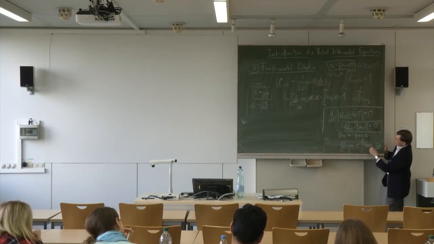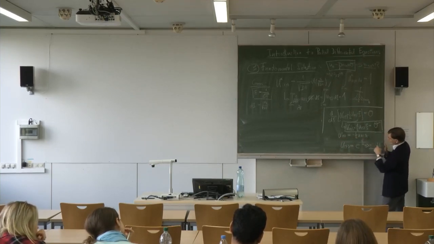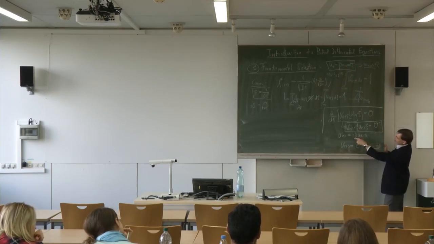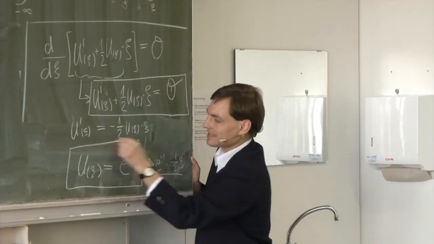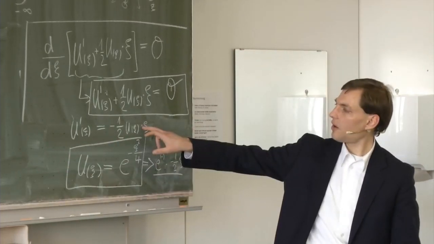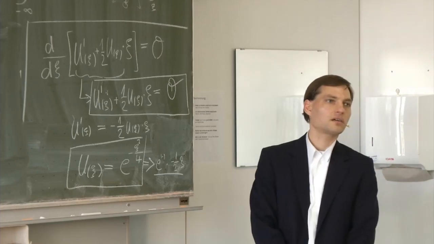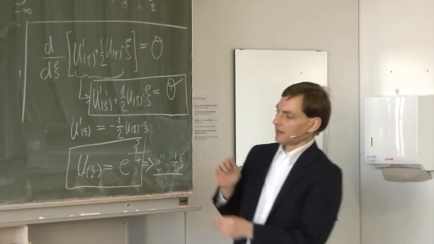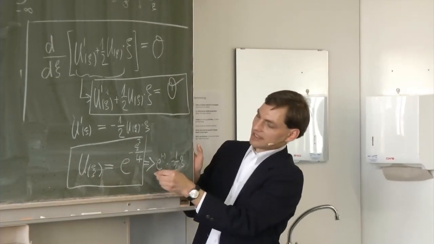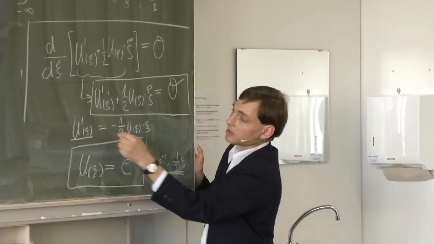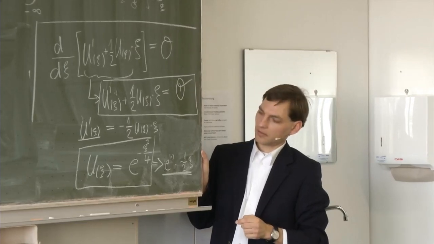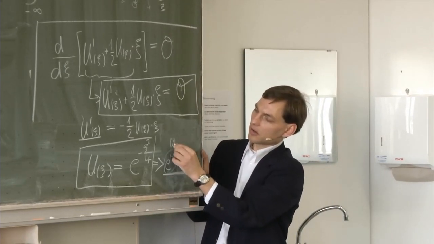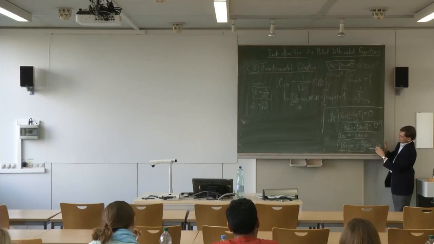If I plug in this here, function u times this, minus 1 over 2 xi. Well, that's actually what is here on the right-hand side. That means, yes, it is the solution of this differential equation. Yeah? Because the derivative of this is this. If I plug the derivative in here, you see the derivative is the same as what we have here. This is my function u of xi, and here we have minus 1 over 2 xi.